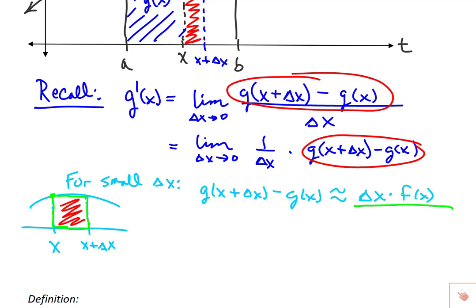The point is that when delta x is small enough, this rectangle with a simple height of f of x has an area that could represent the area under the curve from x to x plus delta x. There could be a little error in the way that this curve bends, whereas this simplified rectangle doesn't, it's just straight across. But when delta x is small enough, we could say that that error is minimal enough not to matter, and we could say then that delta x times f of x could represent this red area that we've been talking about now all the way down.